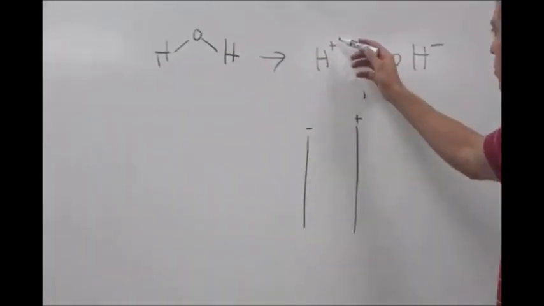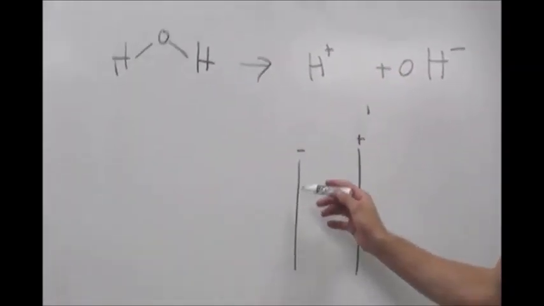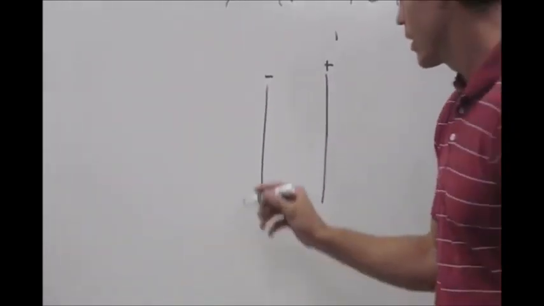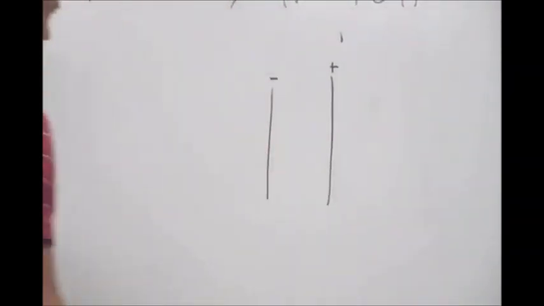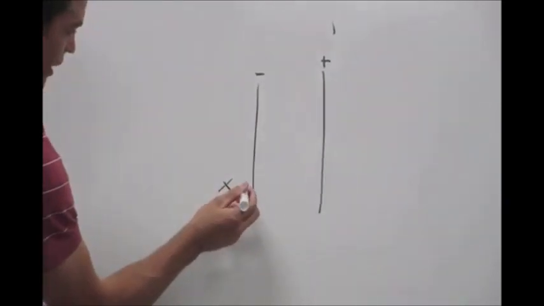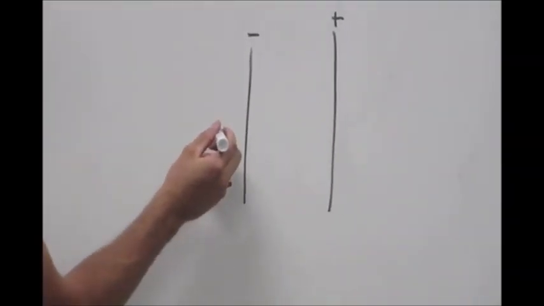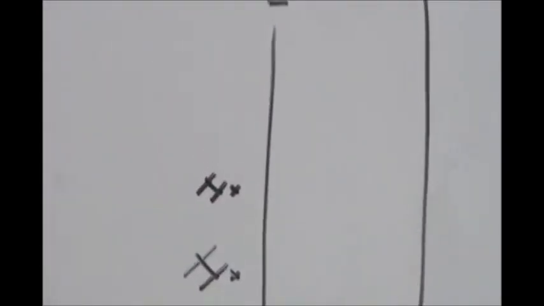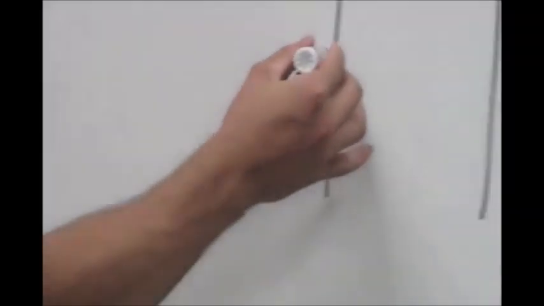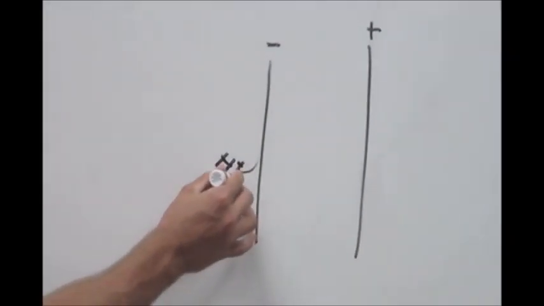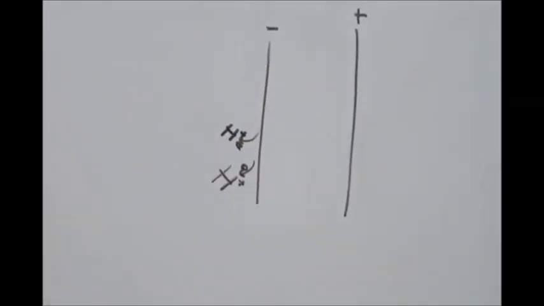Well, these protons are going to be attracted to the negative side of this cathode, right? And so basically, let's come over here, let's draw what that would look like. We have a proton right here, and let's say that we have another proton right here. They're attracted, and this is negative because electrons are coming off. Electrons are going into the water. These electrons then combine with these protons right here, and you make atomic hydrogen.